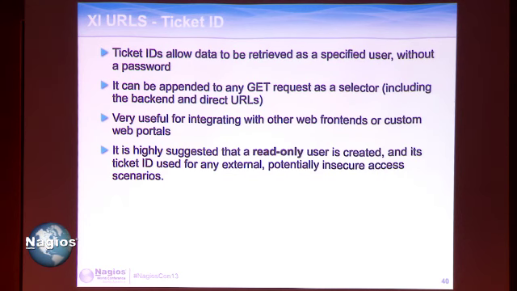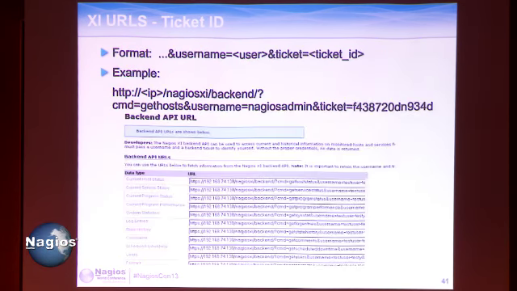It's highly suggested. I'll probably say this again in about 5 minutes. Make a read-only user. It is a slight security concern, and it's a huge security concern if you don't make a read-only user. Make a read-only user and harvest the username and ticket for that user. If you're wondering how to get the username and ticket information, you will descend into the admin panel, open up the Backend URL API component, and you will see a series of forms.